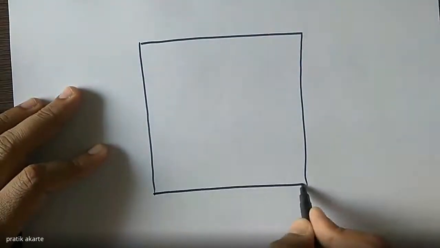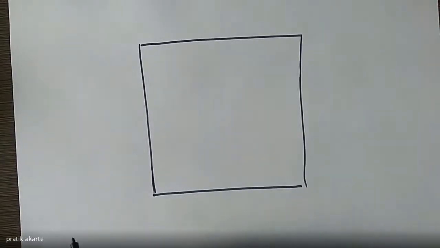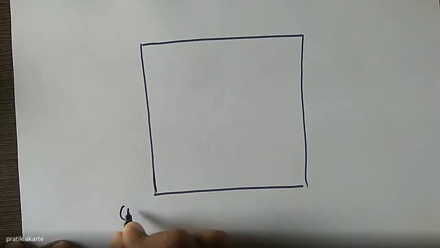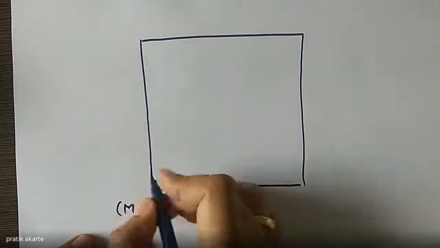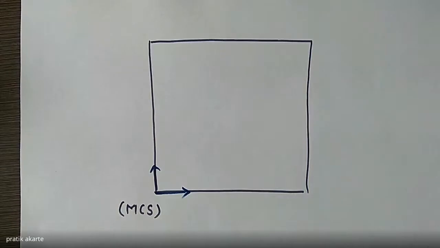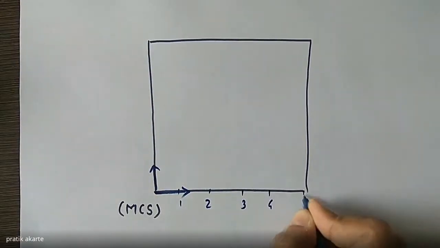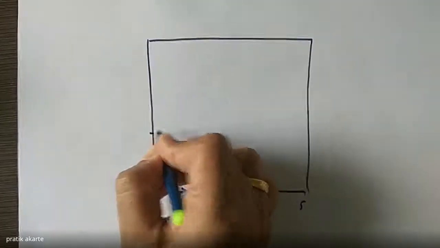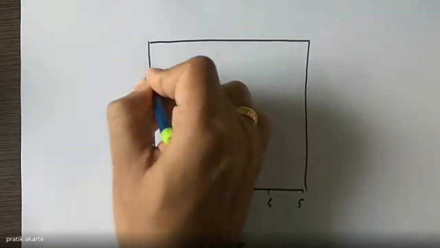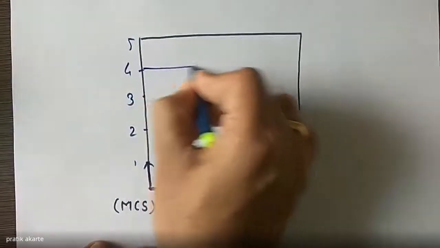This represents your model coordinate system, or working coordinate system, with marks 1, 2, 3, 4, 5.